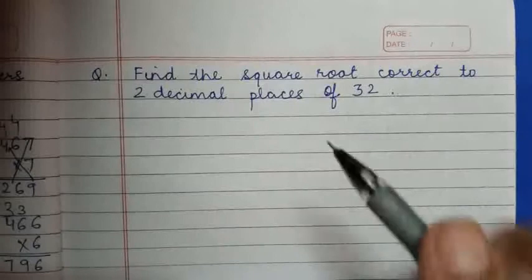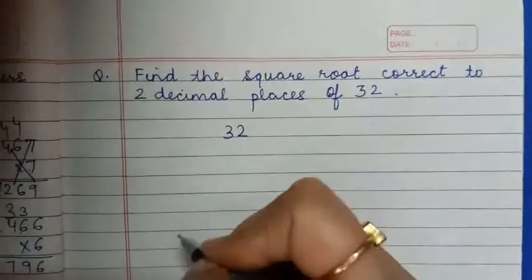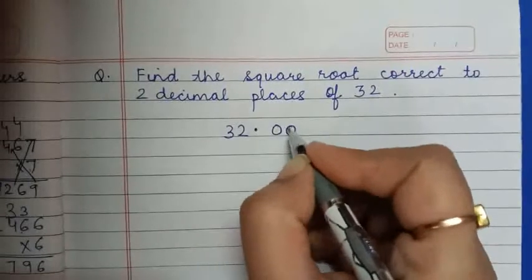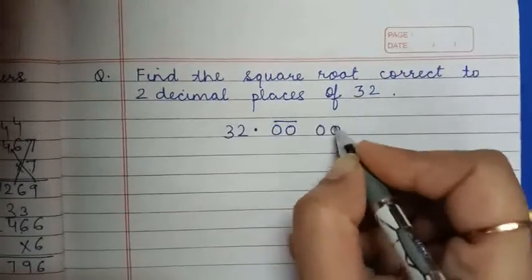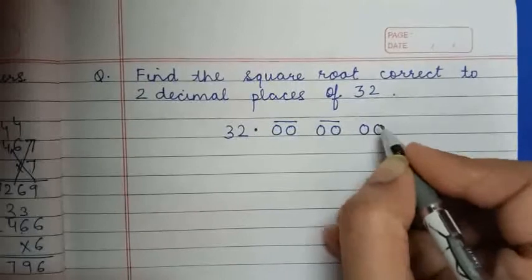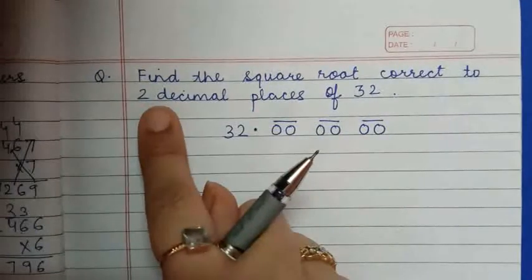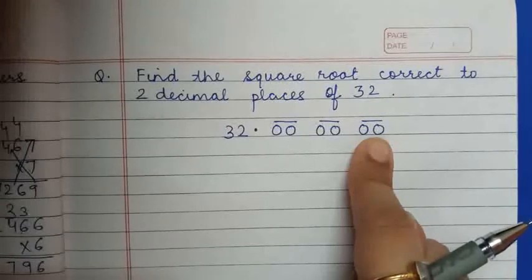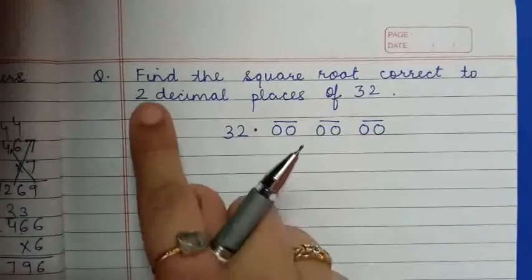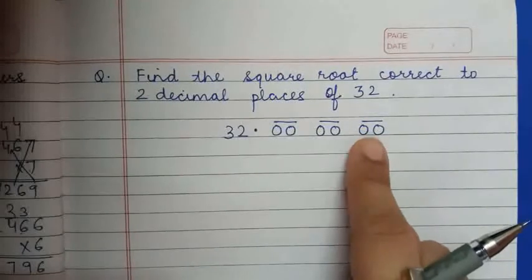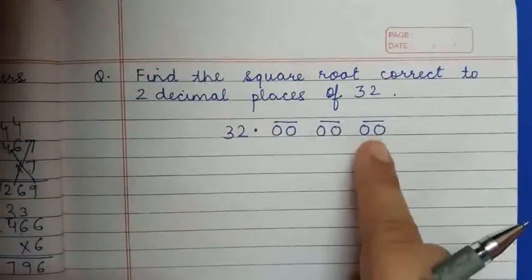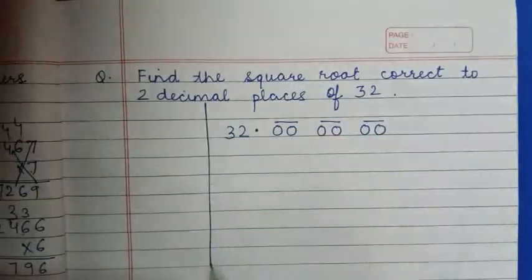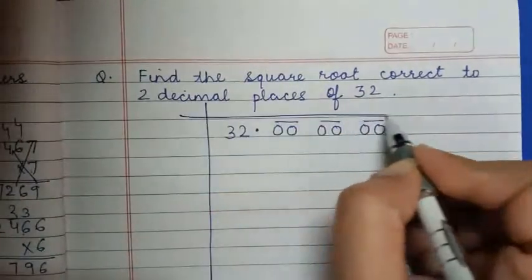We keep the decimal after 32 and put zeros after it, so we form 3 pairs of 0, one extra pair. If it is 2 decimal places, we form 3 pairs. If it is 3 decimal places, we will form 4 pairs of 0. Correct? After that, we will apply the long division method.